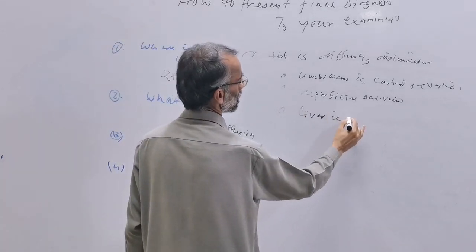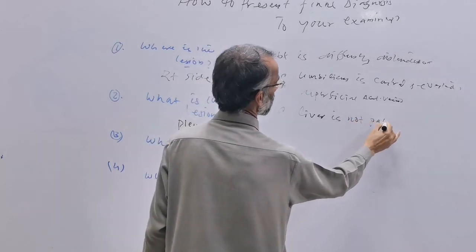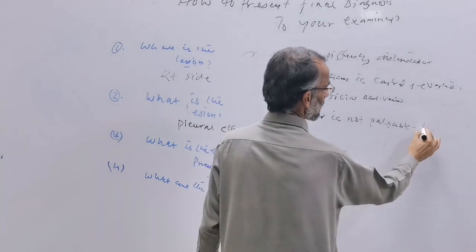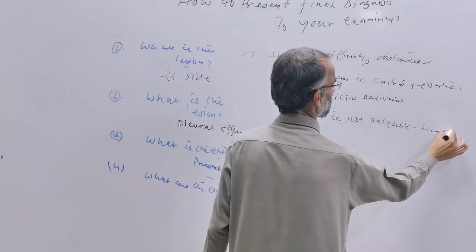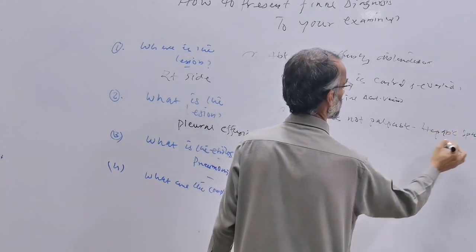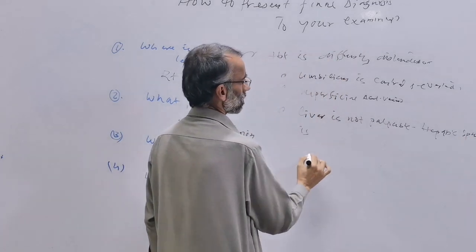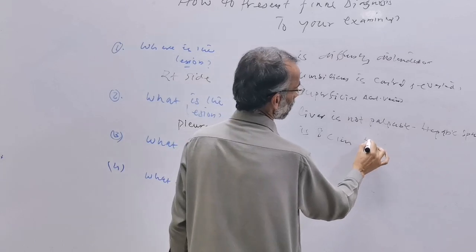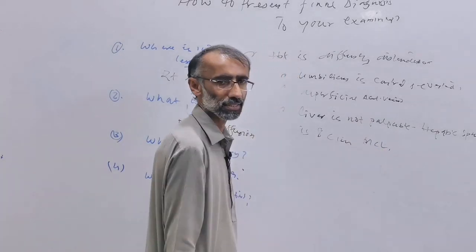Liver is not palpable. Hepatic span is 8 centimeter along the midclavicular line.